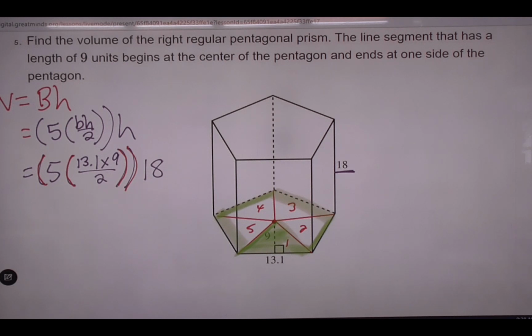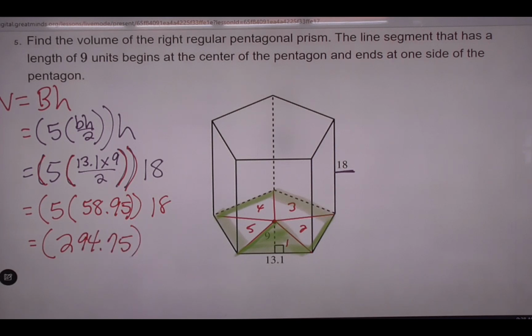So going ahead and working this problem out, we've got the 5. One of those triangles, 13.1 times 9, divided by 2. The one triangle has an area of 58.95. All 5 of them, which is going to be the base of my prism, is 294.75.